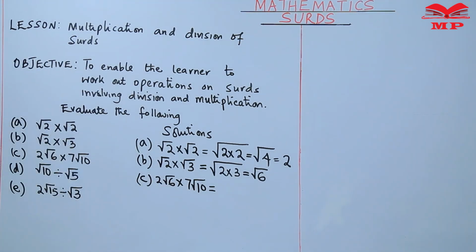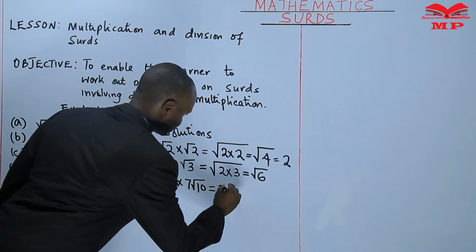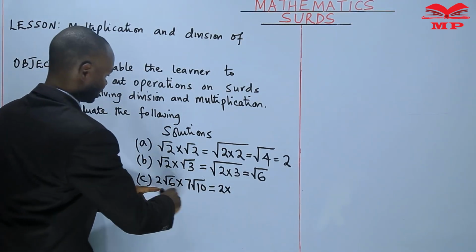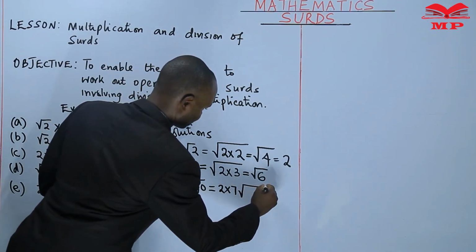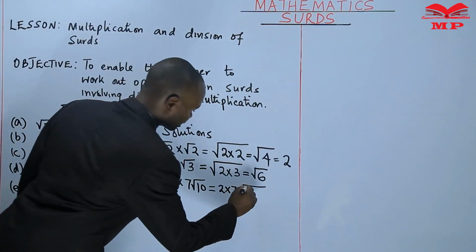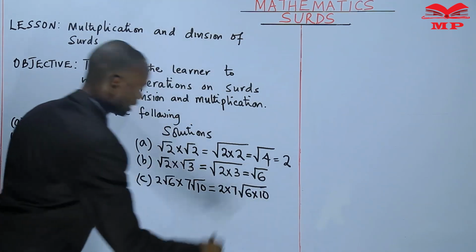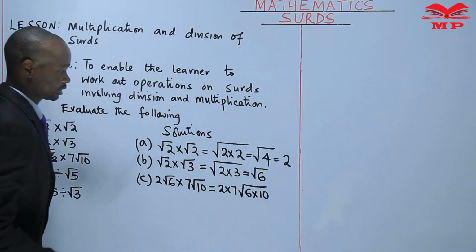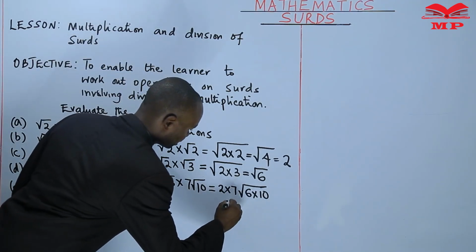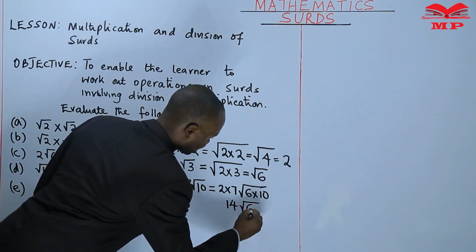So what you'll have is 2 times 7, then the root sign 6 times 10. 2 times 7 you'll have 14. Then here 6 times 10 will be square root of 60.